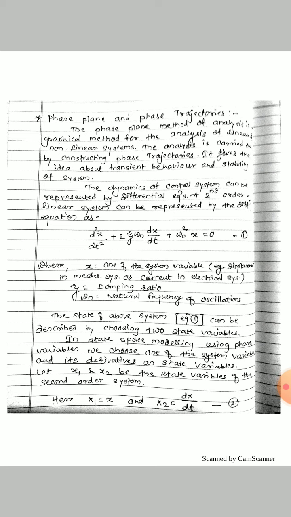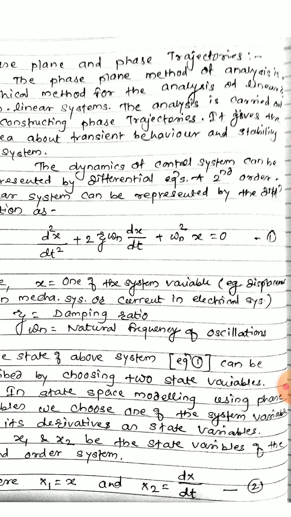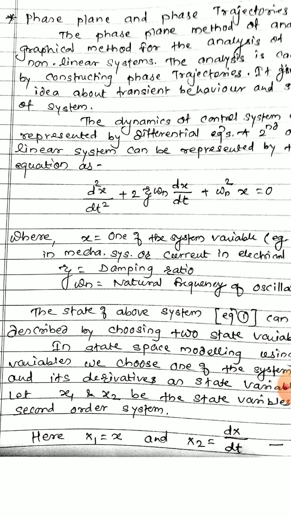So a second order linear system can be represented by the differential equation as d2x by dt square plus 2 zeta omega n dx by dt plus omega n square x is equal to 0, where x is one of the system variable, for example displacement in mechanical system or current etc. Zeta is the damping factor or ratio and omega n is the natural frequency of oscillations.